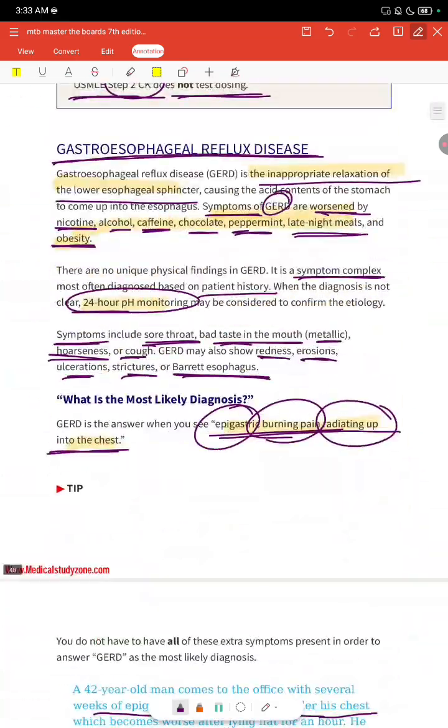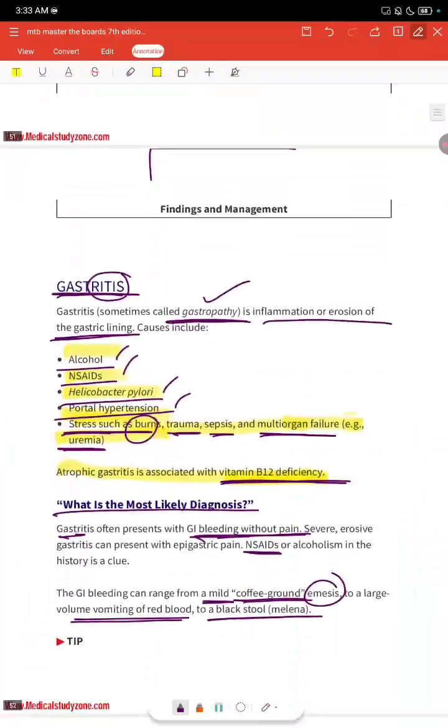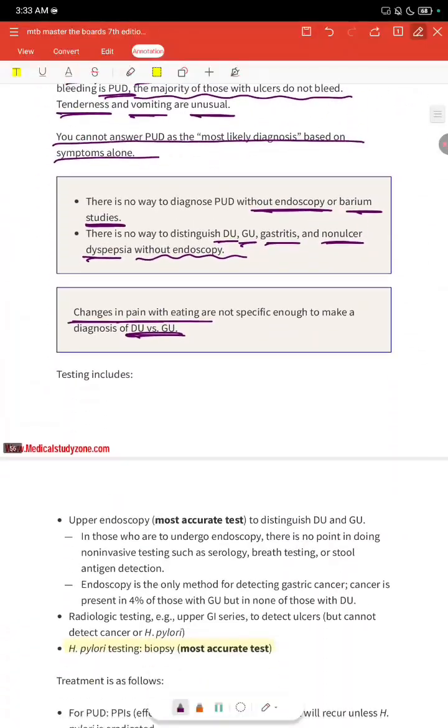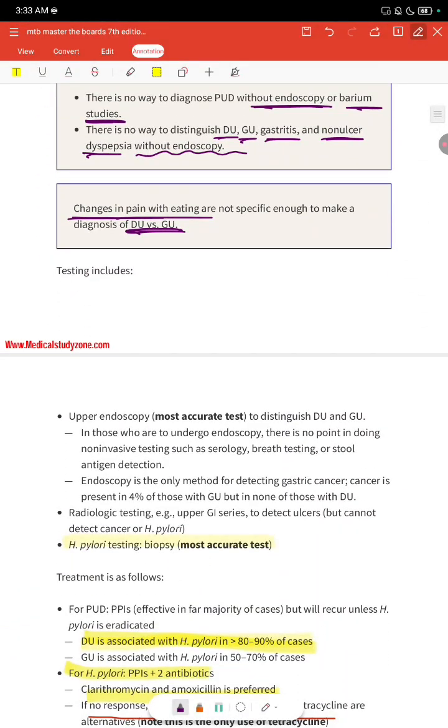But it's not always the case, and you can't decide based on these symptoms alone. So changes in pain with eating are not specific enough to make a diagnosis of duodenal ulcer versus gastric ulcer.